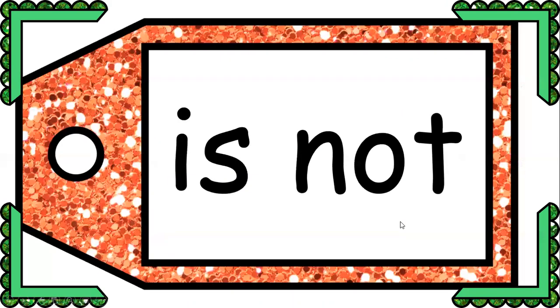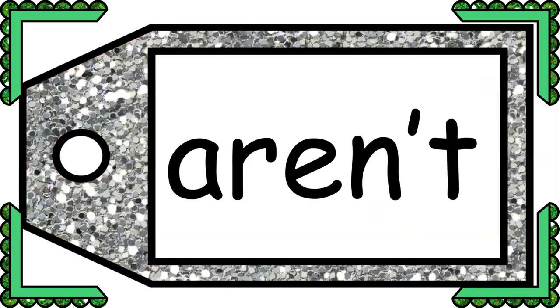What about is not? Now, is not can be combined to make the contraction isn't. Why isn't your favorite color blue? Aren't. Let's read the rest of our contractions and let's discuss what words make up the contractions.